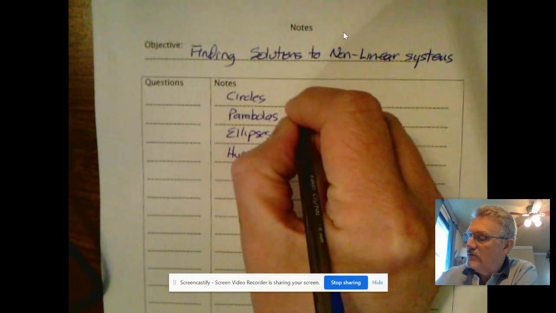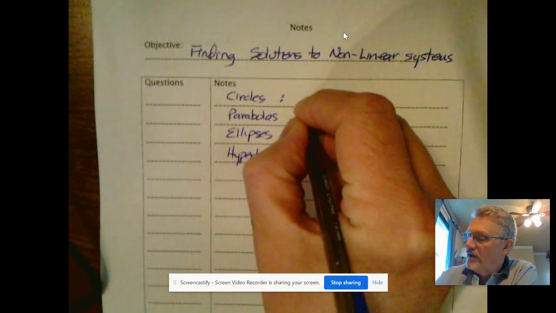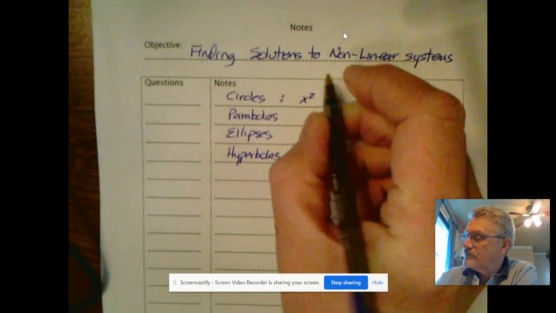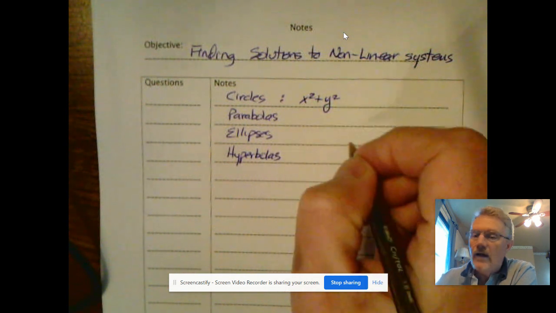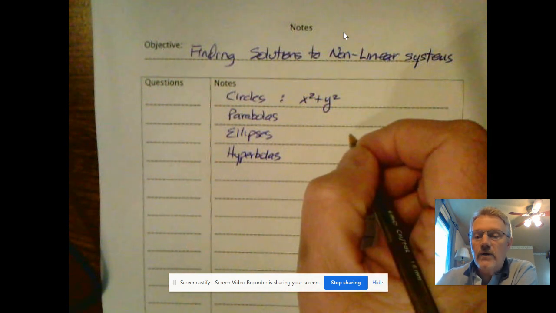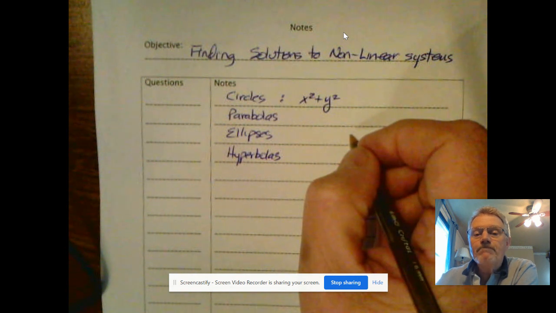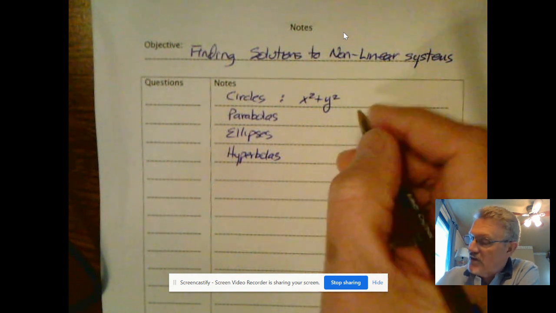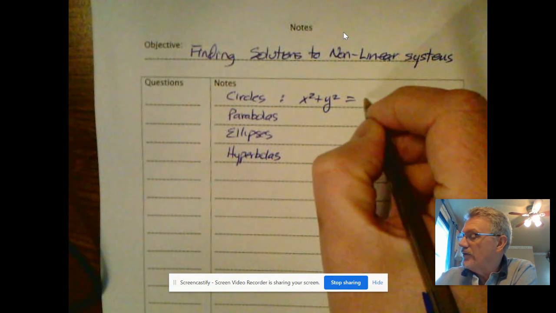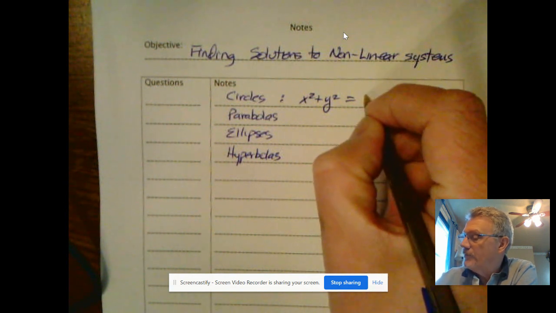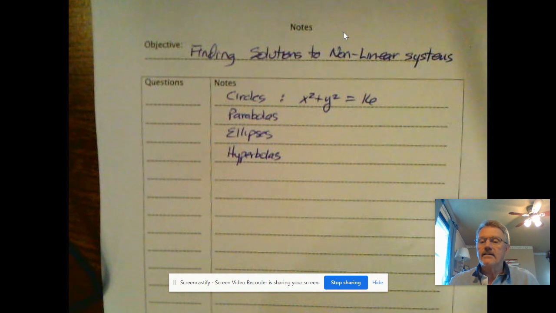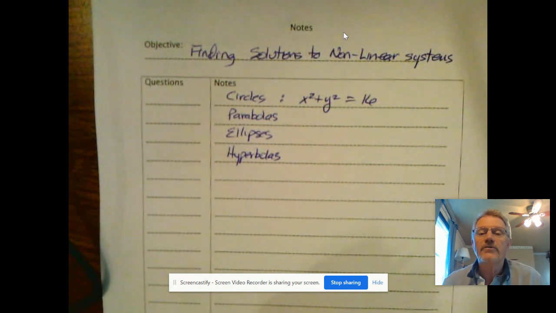So just to give you a little reminder, in an equation of a circle, x is going to be squared, y is going to be squared. They're going to have the same coefficient and the same sign, and it equals the radius squared. So in a question like this, the radius is going to be 4.